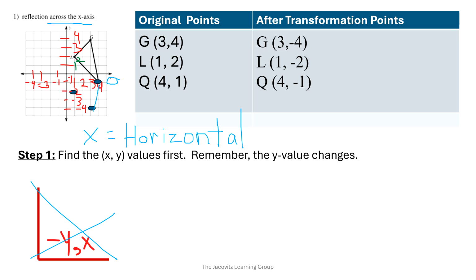1, 2, 3, 4. This is your G spot. And L is 1 and 2. So now it's 1 and -2. And then your Q, which was 4 and 1, is going to be 4 and -1, which is here.